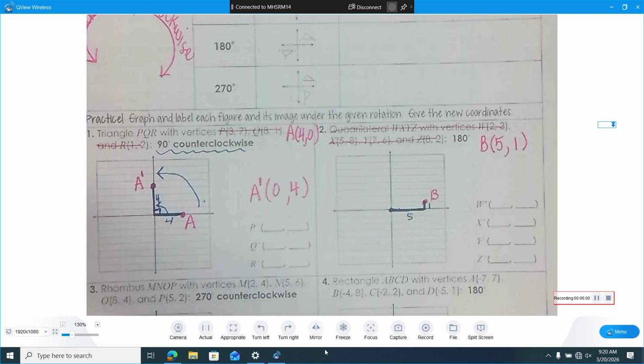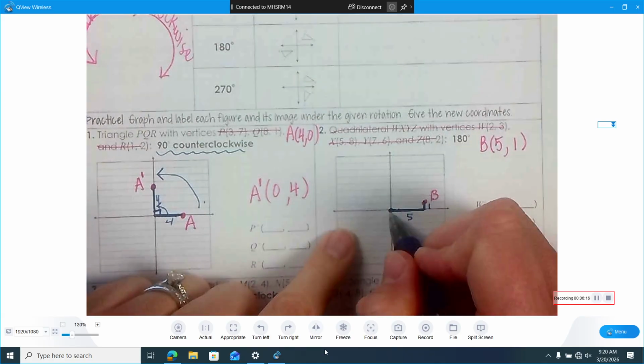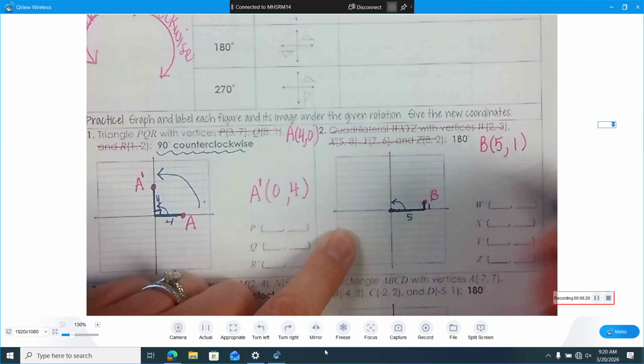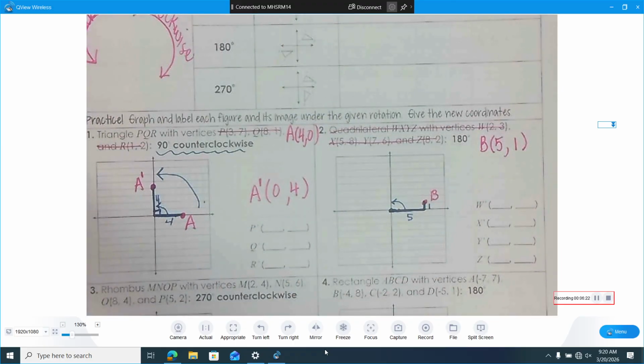So to hold on to point B, I have to go out 5 and up 1. So I have this little L shape, like my arm here, okay? Now, I don't know how to rotate something 180 degrees, but I know how to rotate it 90 degrees, okay? So if I take my little L-shaped stick here and I rotate it 90 degrees, now what does my stick look like?